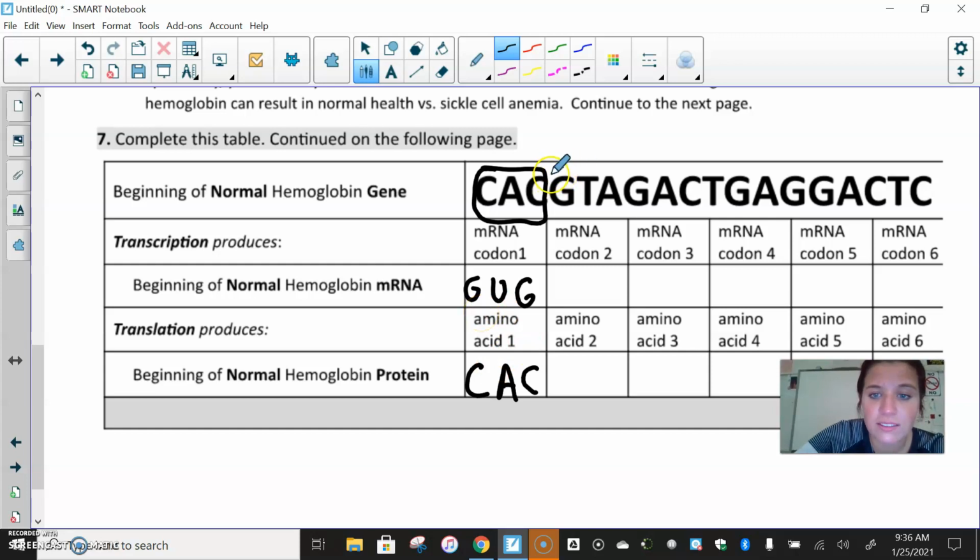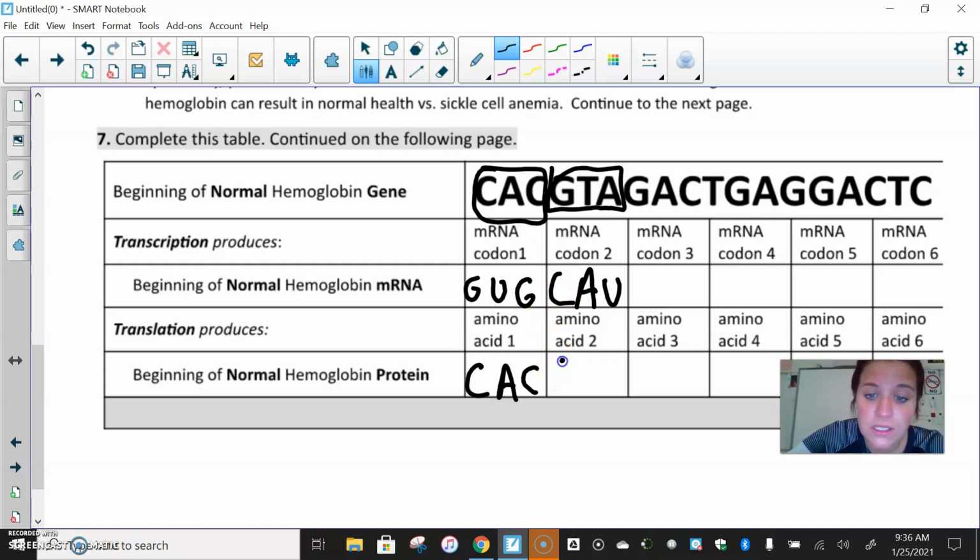Now we have GTA, Grand Theft Auto, funny. Here's our next codon. So here we're going to have C, and then what's going to pair with T? It's going to be A. And then in RNA, what pairs with A? It's U. Now I need to translate this to my correct amino acid.